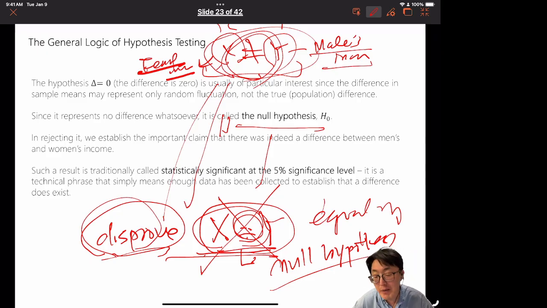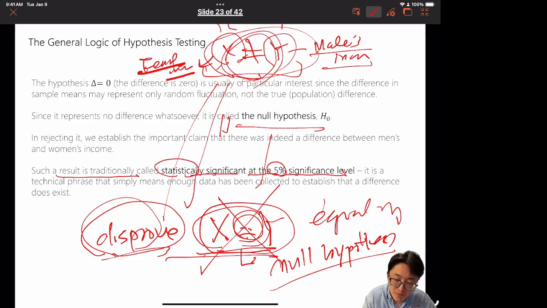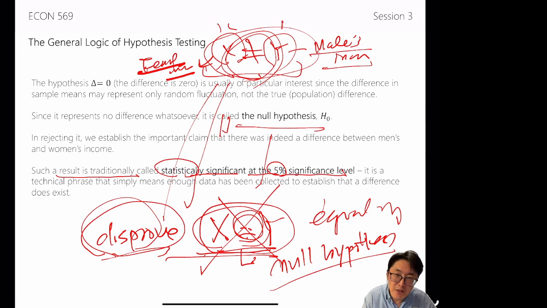It looks a little bit complicated, but if you take a look at an actual example, it's very intuitive. Usually this result is called statistically significant at the 5% significance level. So which means income inequality between gender is statistically significant at the 5% level. This is the general logic of hypothesis testing.